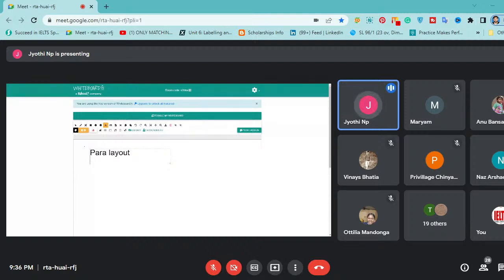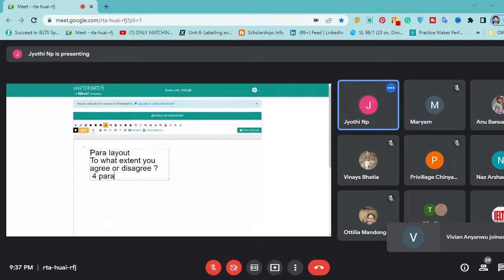Now say for example, we have an argumentative essay where it says to what extent you agree or disagree. This can be written as, first, where you either agree or disagree totally.